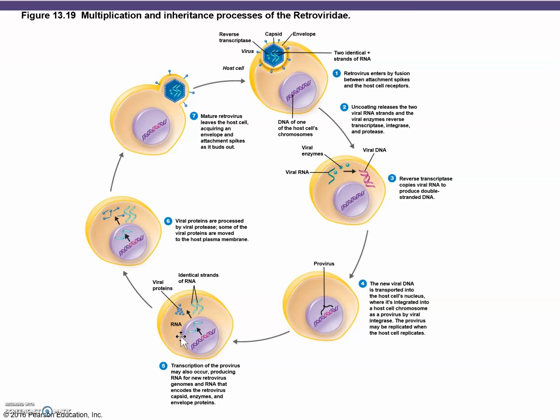Some of the important medicines that are used against HIV infection are reverse transcriptase inhibitors, logically. They inhibit this step from RNA to DNA, and if you can inhibit this step, of course, that will inhibit the viral replication cycle.